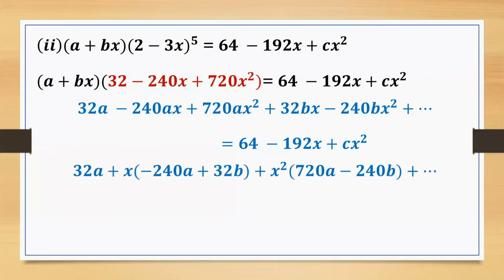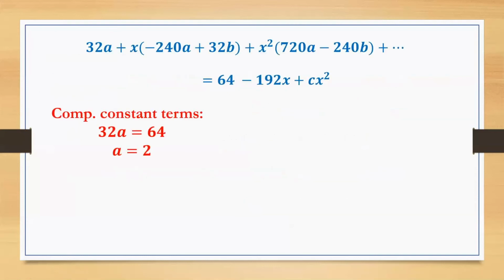So grouping the like terms, we shall obtain 32a + x(−240a + 32b) + x²(720a − 240b) equal to 64 − 192x + cx².